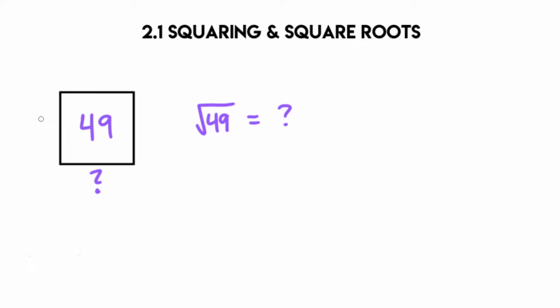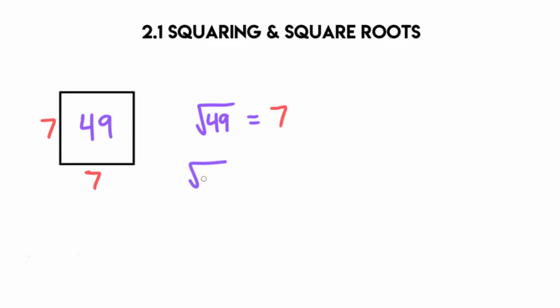In other words, what number multiplied by itself is going to give me 49? The answer to that would be 7. 7 is the square root of 49 because 7 multiplied by 7 gives me 49. The square root of 49 is 7. So again, this is the geometry side over here. This is what's happening with the geometry. This is what's happening with the algebra.